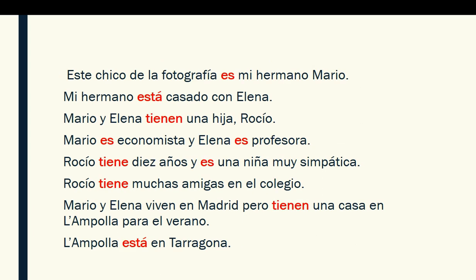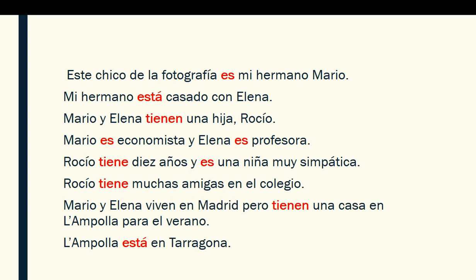Este chico de la fotografía es mi hermano Mario. Es. Mi hermano está casado con Elena. Está. Mario y Elena tienen una hija, Rocio. Tienen. Mario es economista y Elena es profesora.